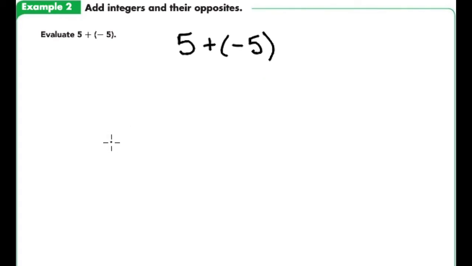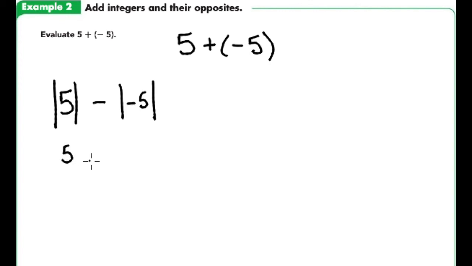And our final method that we could use is absolute values. Absolute value method will be a little different than from what we did with example 1. Because we are adding opposites, we're going to subtract absolute values now. So we are going to take the absolute value of 5 and subtract the absolute value of negative 5.